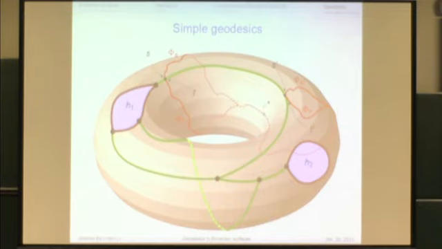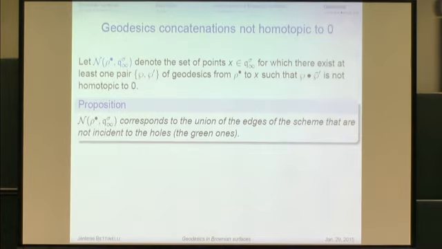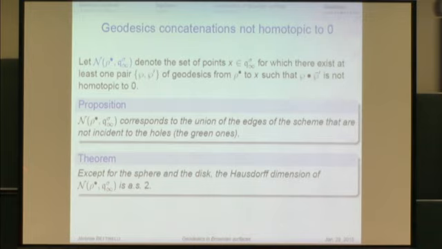So the green edges here are exactly the points satisfying this property. And then we can compute, for example, the Hausdorff dimension of this space. And it is almost surely equal to 2. That's actually exactly the same proof as for proving that the Hausdorff dimension of the boundary is 2.